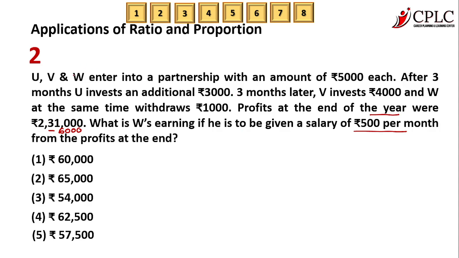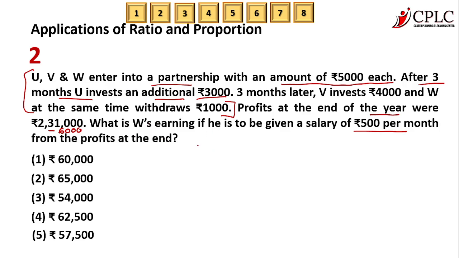And secondly, from this sort of data, you clearly understand that everybody has invested for different durations for different amounts also. So, for example, all three of them started with 5,000 each, and after 3 months, U invests an additional 3,000.